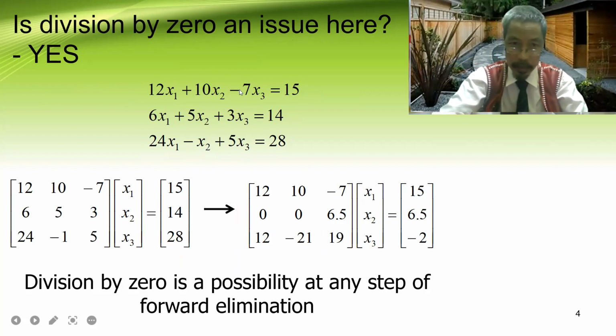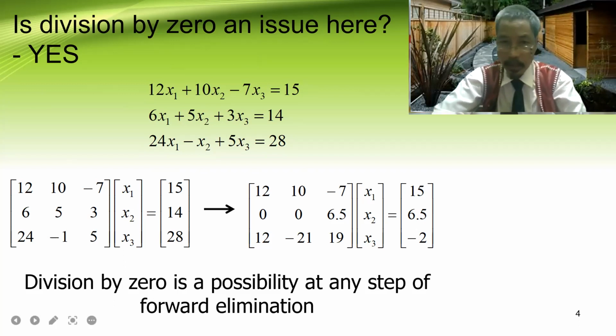So 12, 10, negative 7, and 15. 6, 5, 3, and 14. And 24, negative 1, 5, 28. And then there are 3 variables, x1, x2, x3. So this is how to write it down in a matrix format.